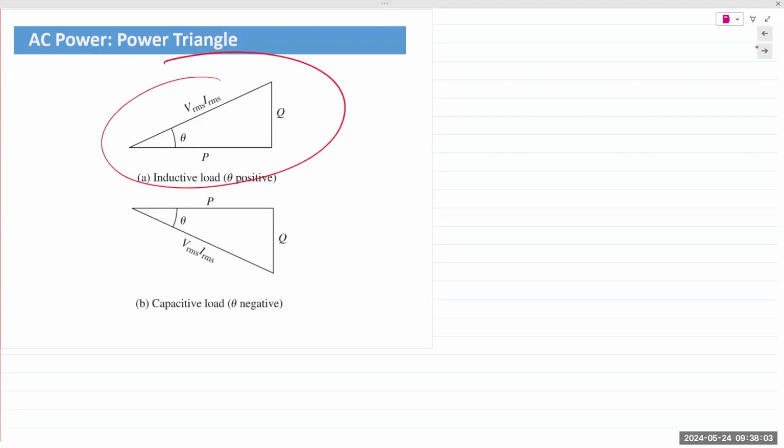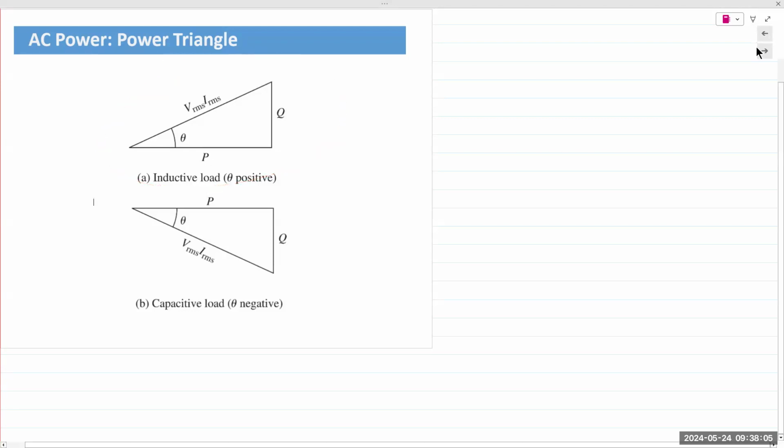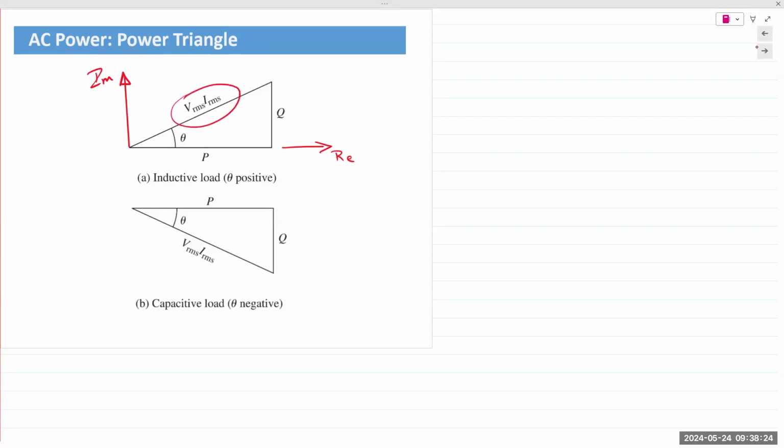So you have real power P, or average power P on the real axis. Reactive power Q is on the imaginary axis. And then, of course, the hypotenuse that joins all of them together.